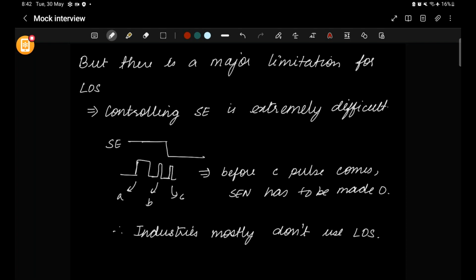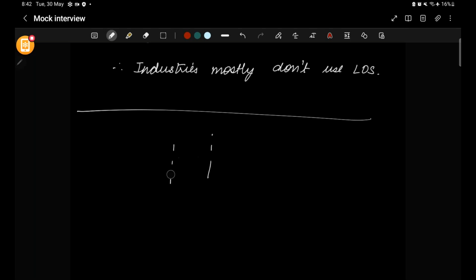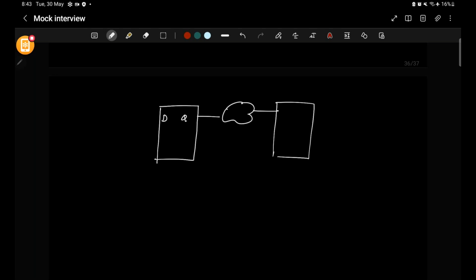Here, whenever a flop input is connected to a primary input through a pad, say for example you have something like this. This is coming from the OCC output.